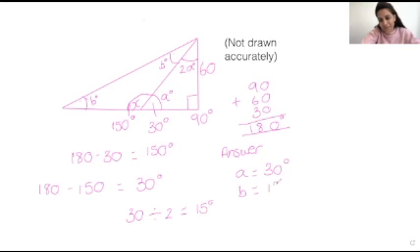And there we have our B. So there we have a right-angled triangle, which we've solved. We also have an isosceles triangle, where two angles are the same and one is different. Both triangles add up to 180 degrees, and angles on a straight line also add up to 180 degrees.